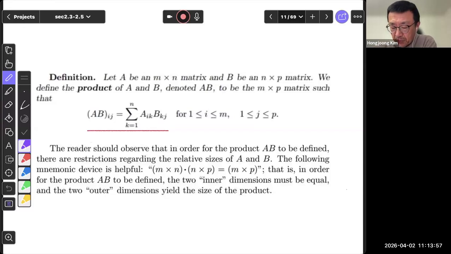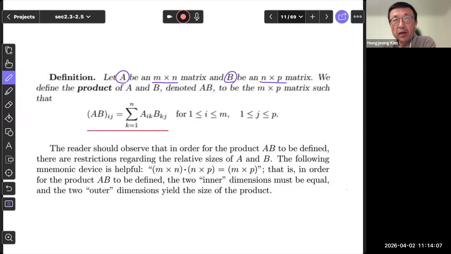So that's how we want to define the product of two matrices. Given an m by n matrix A and an n by p matrix B, we define the product of A and B to be an m by p matrix whose ith row jth column entry is given by this expression.